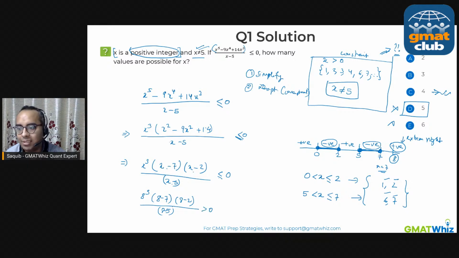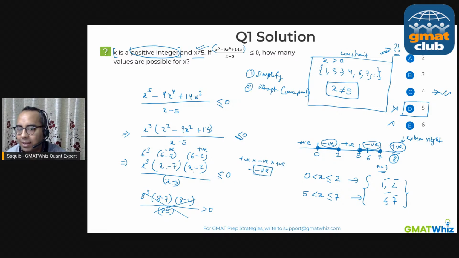Do you want greater than 0? No, you want less than 0. So you will go to the alternate region where you have a negative sign. For example, take 6. 6 cube is positive. 6 minus 7 is negative. 6 minus 2 is positive. So look at the numerator: you're getting positive times positive times negative, which ends up giving you negative.